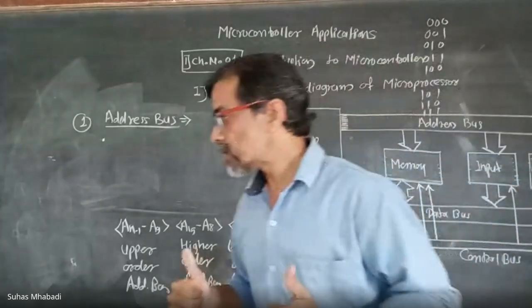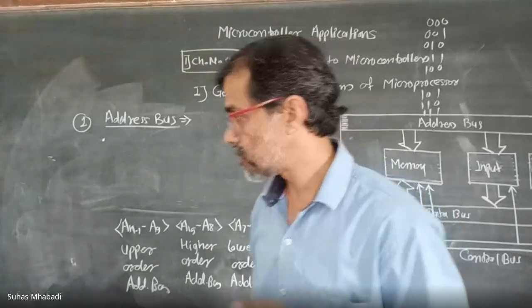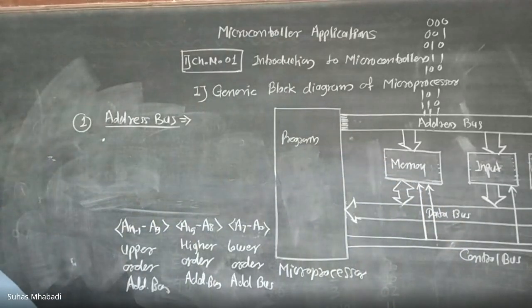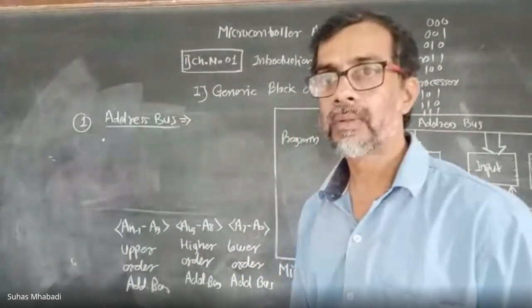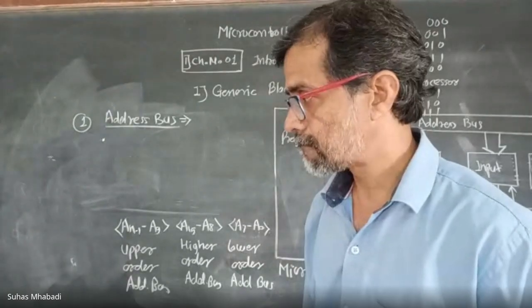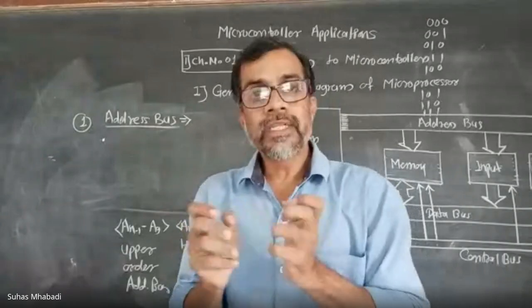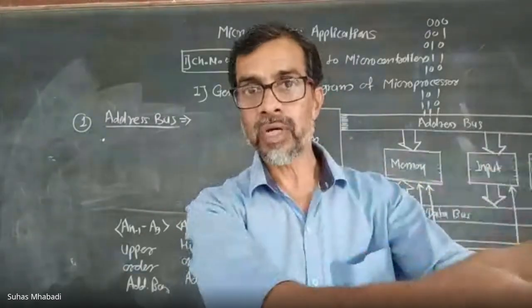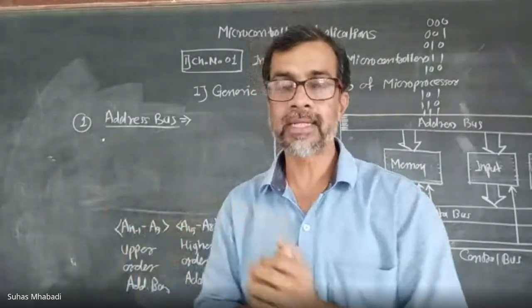Because a processor is a device which has to identify which memory location I want to communicate with at this point of time, or which input device or output device.